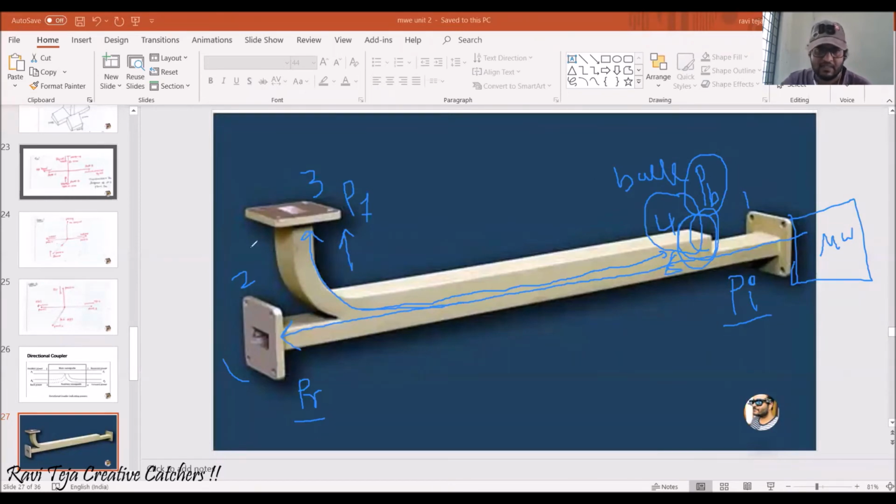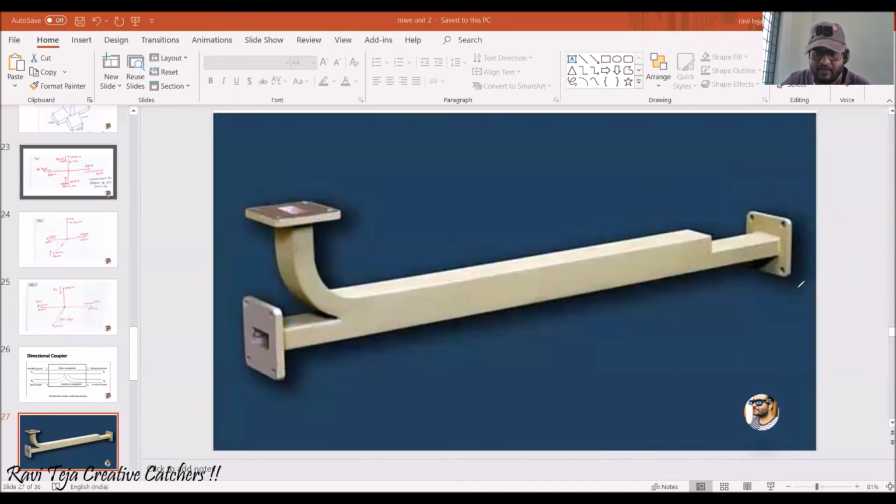This is one of the waveguides which is always used from this direction. That's why this particular port is closed. When entering from this side, this particular port becomes our back port, right? That's why this is closed.